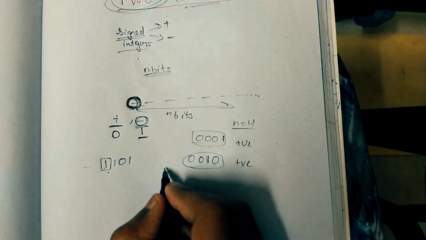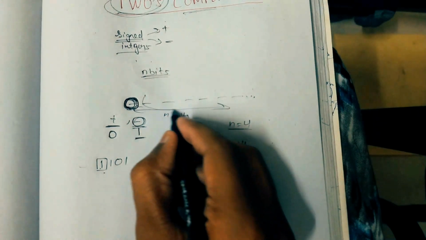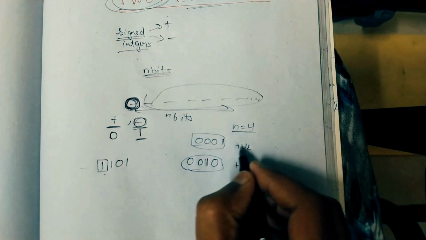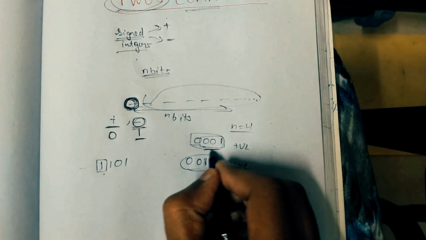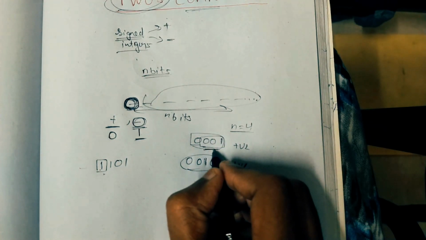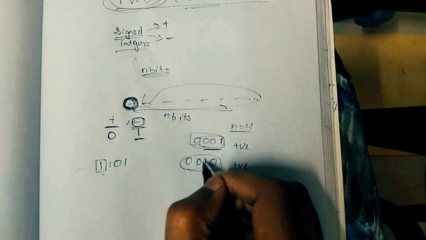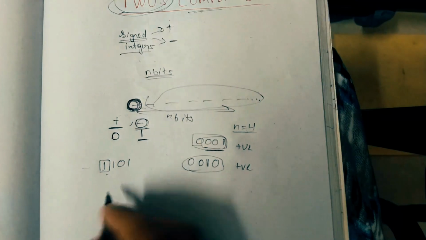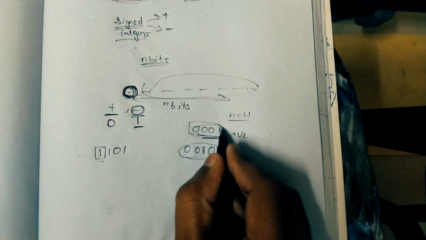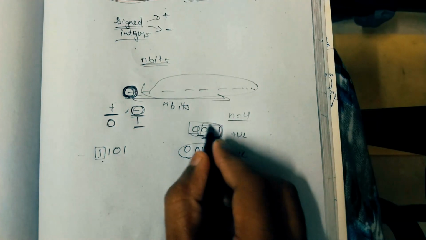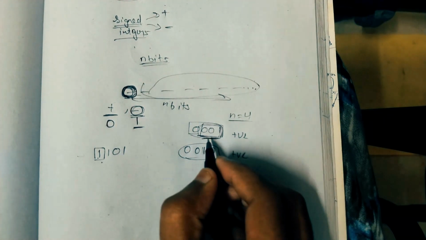Okay, now let's look at the values, the other n minus 1 bits. In this case it would be the other 3 bits, used to figure out the value of whatever this binary represents. For the positive numbers, it is just the same as taking these bits and converting them into the decimal equivalents.